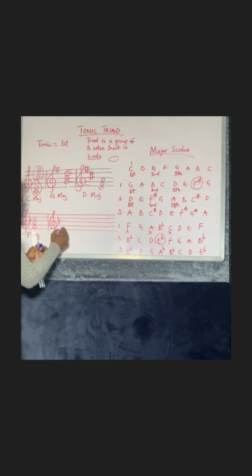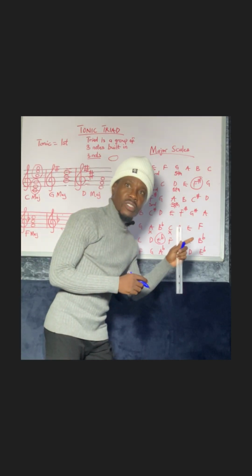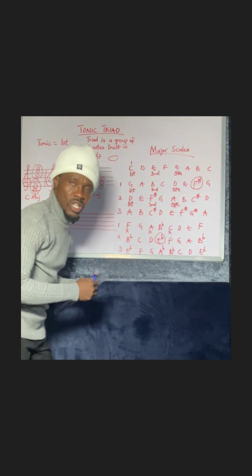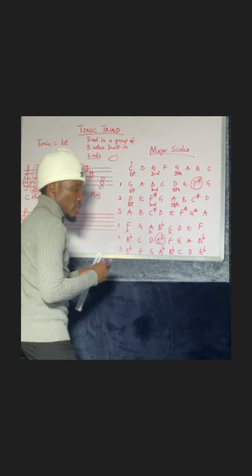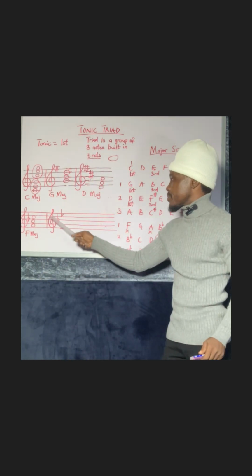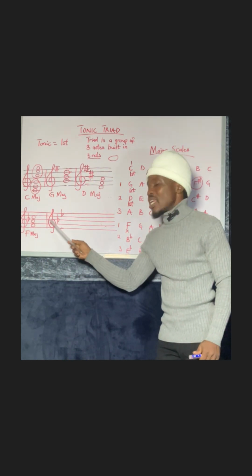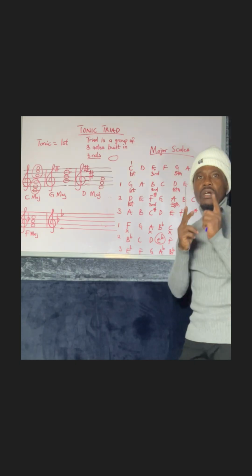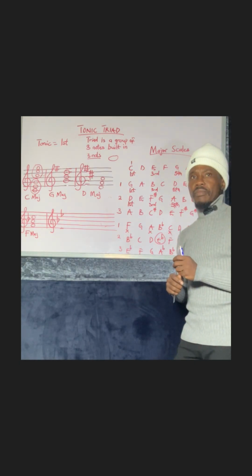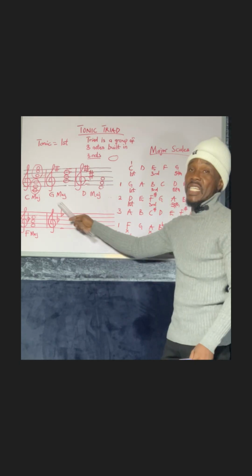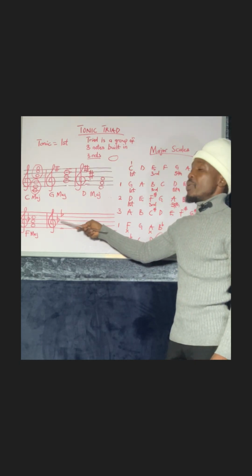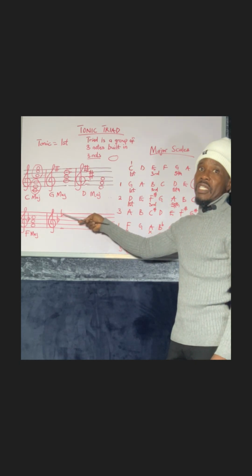We have letter E on the first line. We also have letter E in space 4. But space 4 is what is always recommended to use. Don't use line 1, please. So we put the second flat there. Whenever we come across something like this in music, it represents the scale of B flat major. Why? Because B flat major has two flats, B and E, and they're represented here. The third line is B, and the fourth space is E.